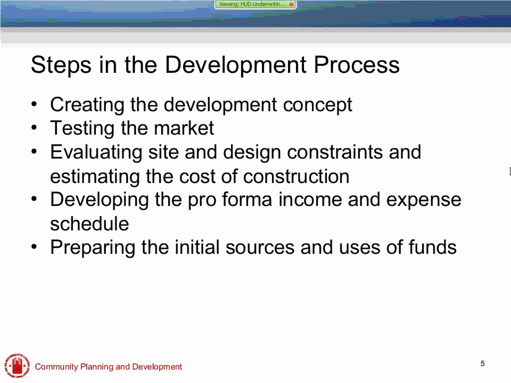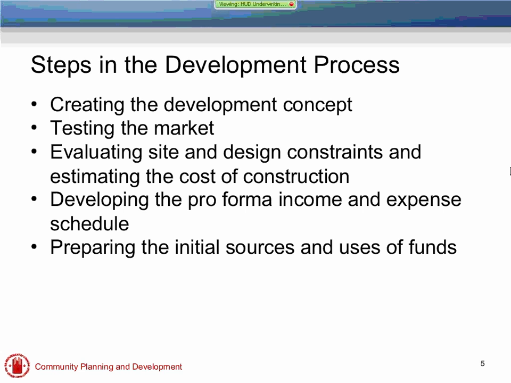As many of us have experienced with the way that the economy has been the last few years, there's a lot of creative financing out there. So a lot of times projects may start off with an initial sources and uses, and the sources of funds may change drastically. So, finding programs that are going to work for your project, and with a lot of projects, a lot of programs right now are new, trying to work through the different regulations and the nuances of those programs and really learning those new programs to be able to utilize them in your project can be very difficult.